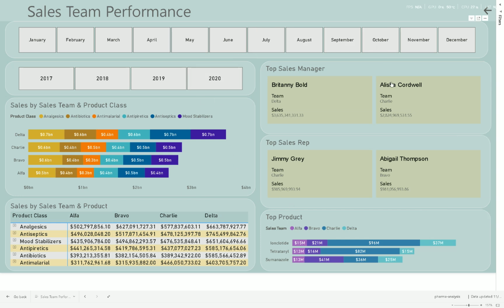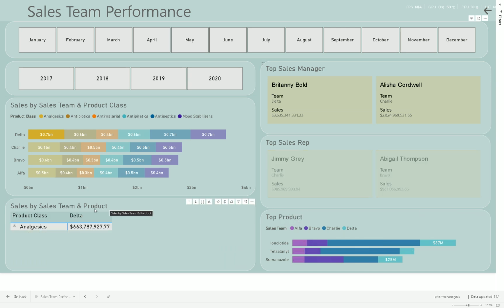Again, this is a very interactive third page of our dashboard in which we can generate and get the data for every particular sales produced, the managers, the sales reps, products, and which product is correlated with which sales team. If we look here, the Delta team in terms of product class analgesics has done this much amount of sales.